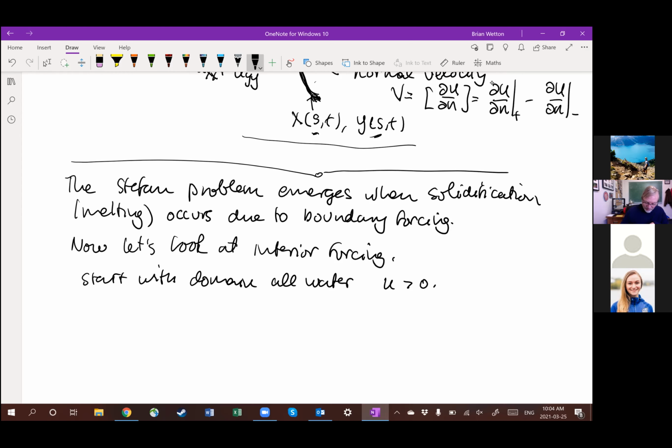Okay, so I'm going to have thermal diffusion, but now I'm going to have this volumetric source term, which I'm going to have be negative, right? So I'm cooling down the water.